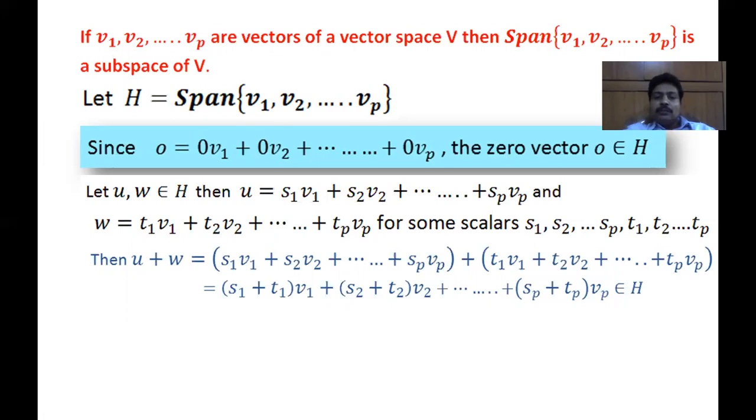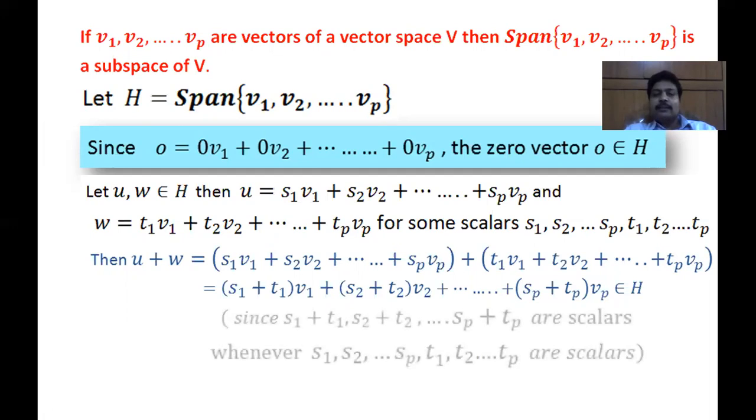So now, since s1 plus t1 is another scalar, s2 plus t2 and so on sp plus tp, these are all scalars.